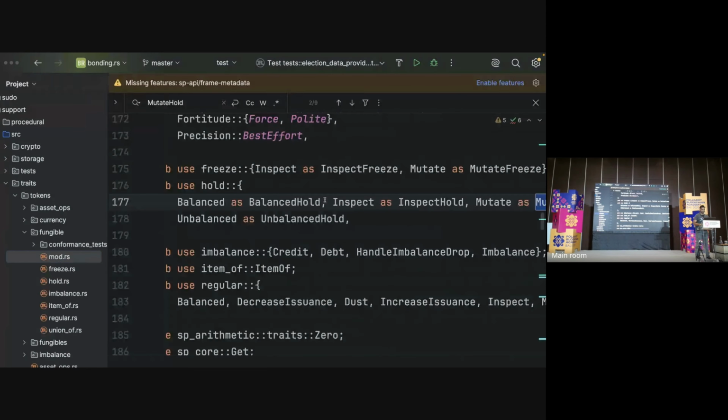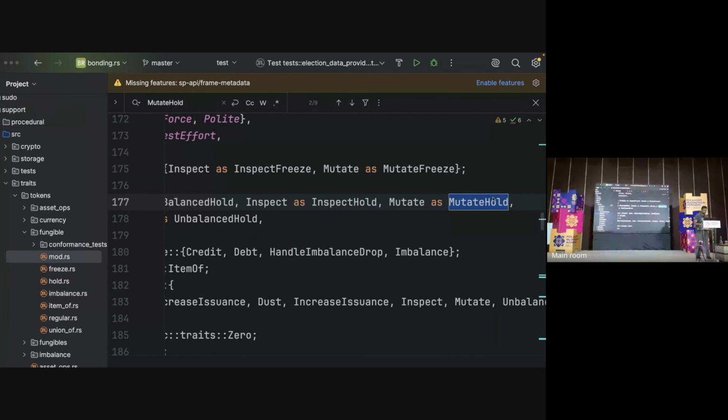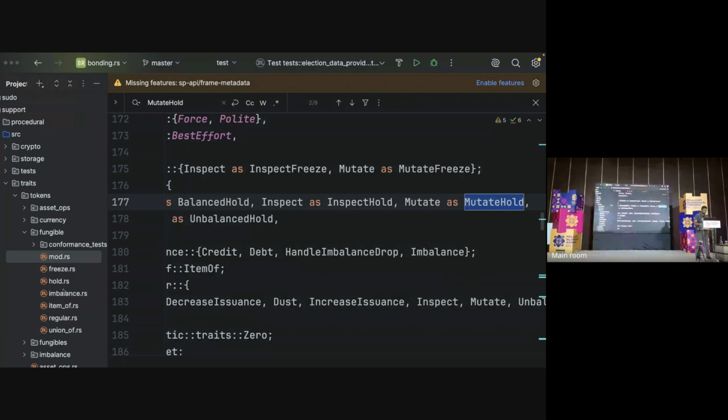Yeah, so it's re-exporting the hold inspect as mutate hold. It's kind of renaming it and redirecting it, right? But basically all the state definitions you can find here. Do you want to look at something else?